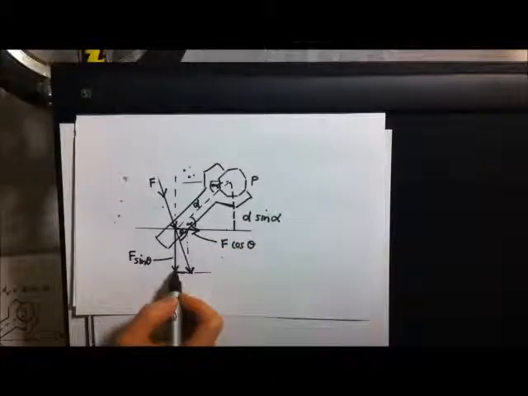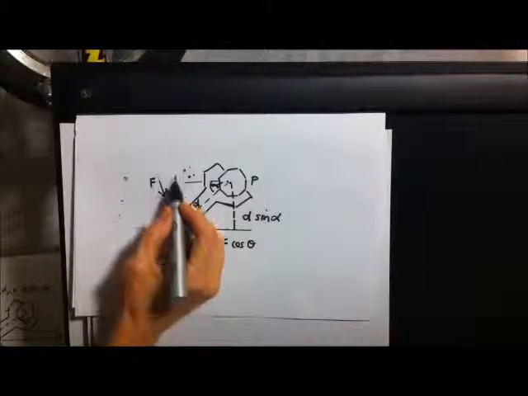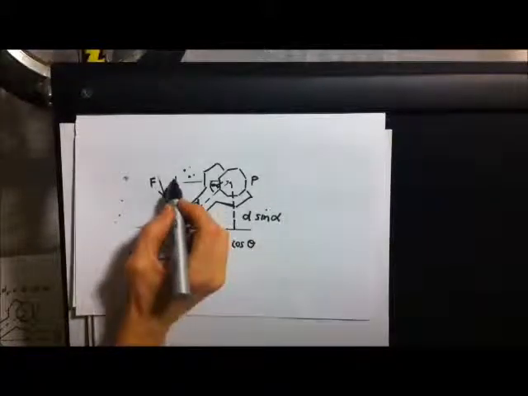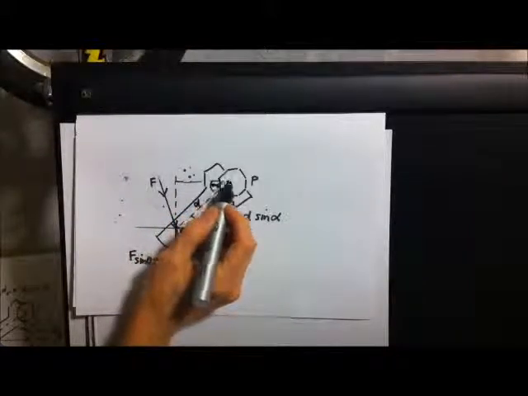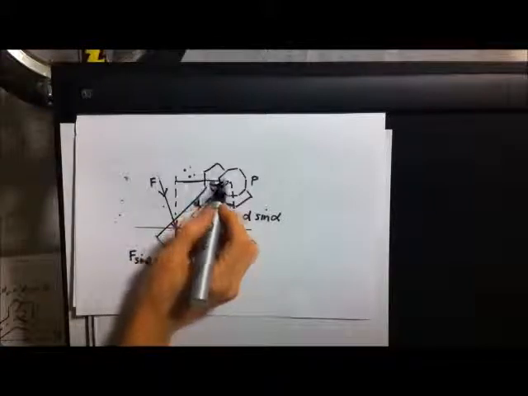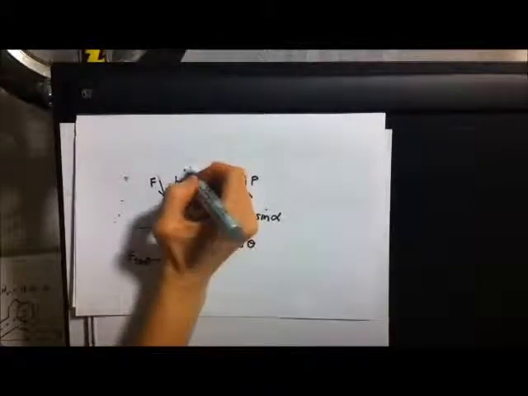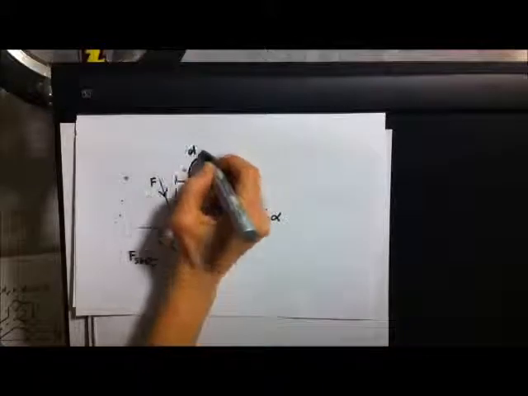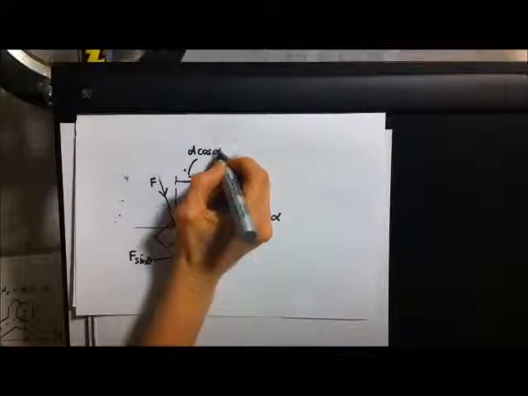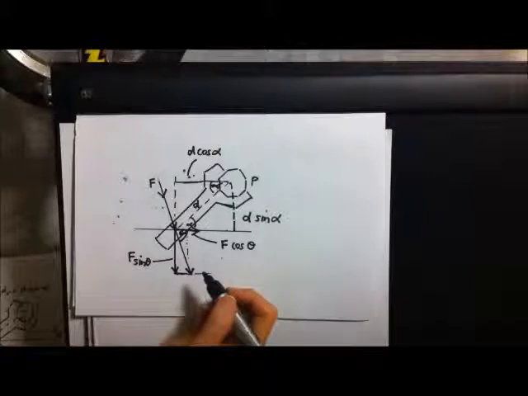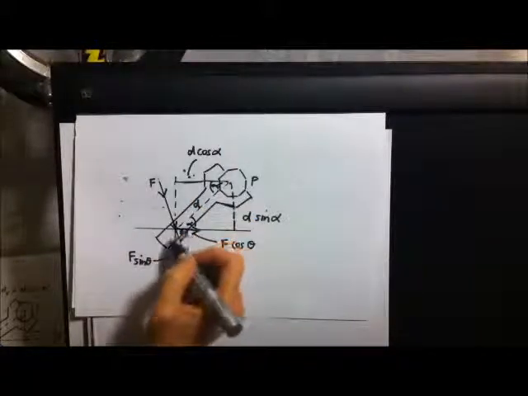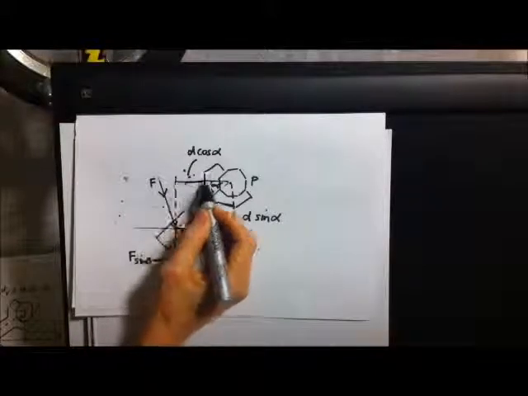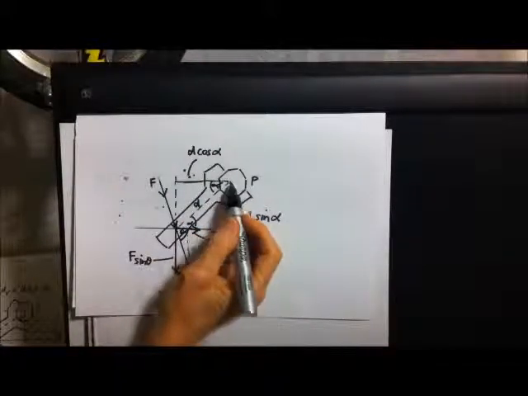Now similarly, the vertical component has a line of action going down through here, and it has a perpendicular distance back to the pivot point. And that distance there is d cos of alpha. So that's how to find those moment arms. You remember that there's a line of action and you take the perpendicular distance back to the point P.